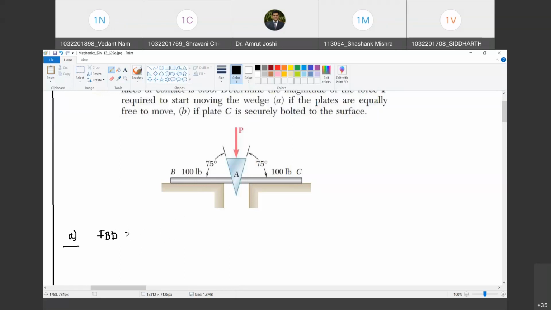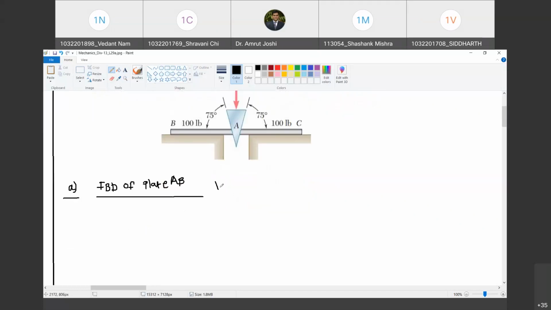FBD of plate B. Are you with me? Yes, sir. So when the wedge is about to move down, are you with me?